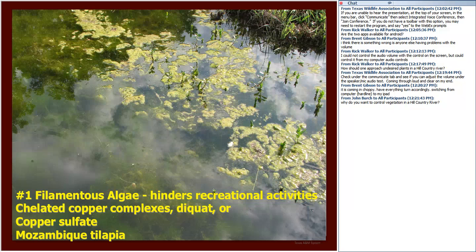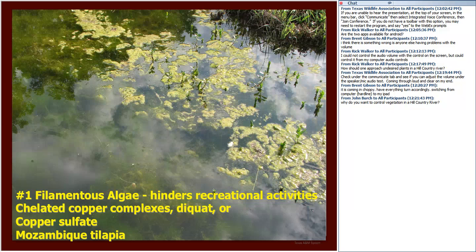People oftentimes overestimate the volume of their pond, and so they end up putting out a greater concentration than what you should actually have in the water. So it's really important to make sure you have good knowledge of the volume of your pond and the pond depth before applying. Chelated copper complexes are much, much safer for fish than copper sulfate, and so it gives you that room for that oops factor of over-calculating.